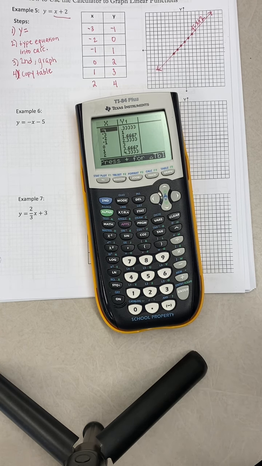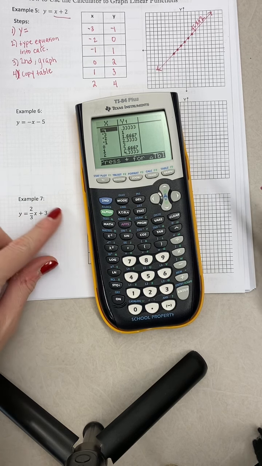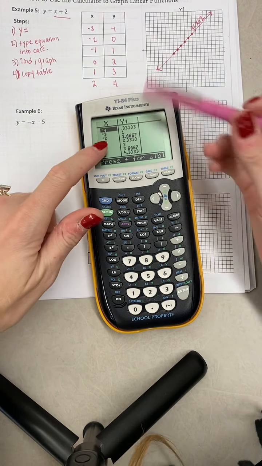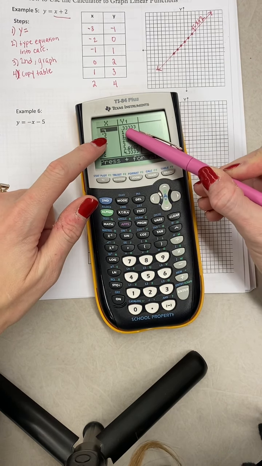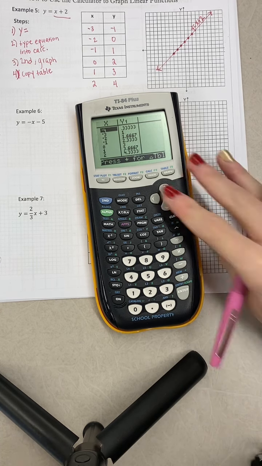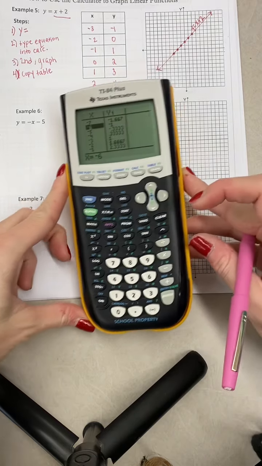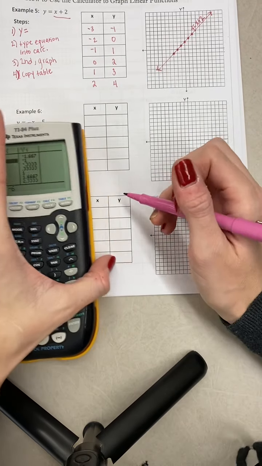Now, another thing that I would like to discuss here with this example 7, look at this table. We have negative 4.33333. We don't want to put those crazy numbers into our table because we don't want to graph 0.333 on our graph. So what we're going to do is look for the nice numbers. So like this, we have negative 6, negative 1.